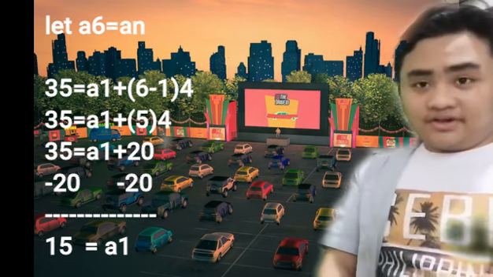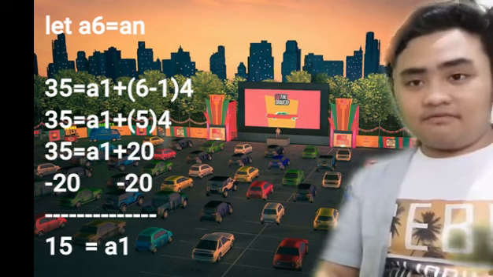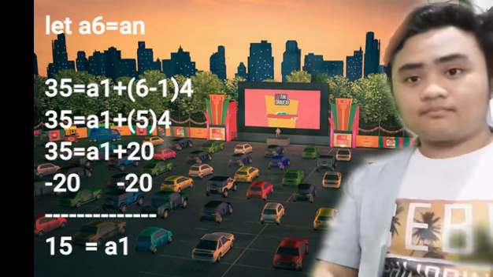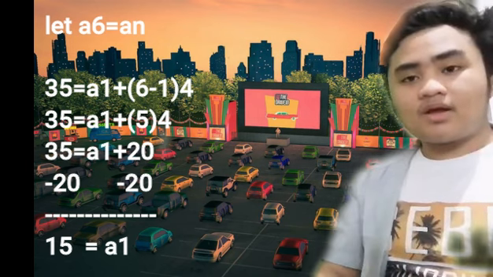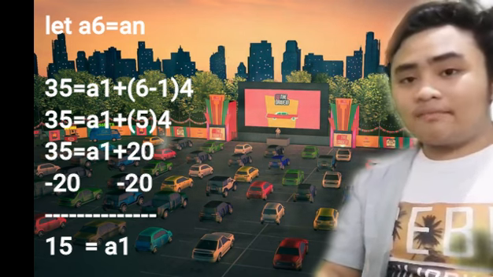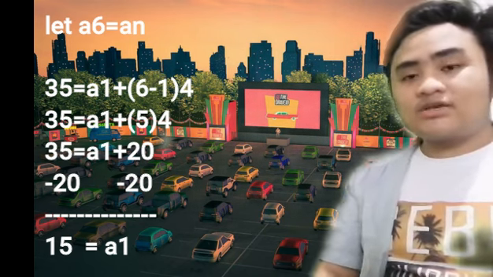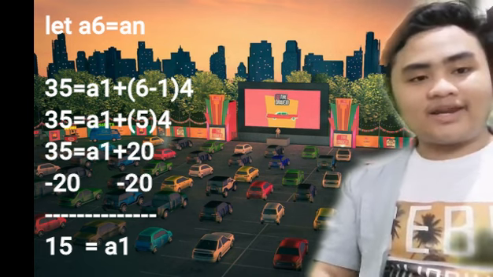Next, 35 is equal to a sub 1 plus 6 minus 1 is 5 times 4. 35 is equal to a sub 1 plus 20. Transpose 20 to the other side so that a sub 1 will remain in place. So if we subtract 35 minus 20, our a sub 1 is 15.